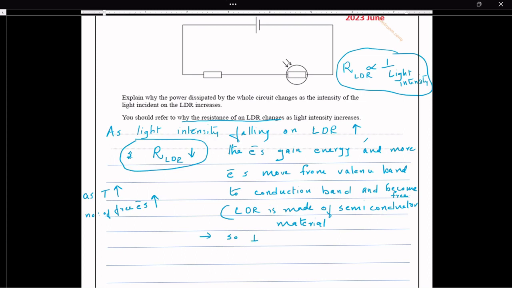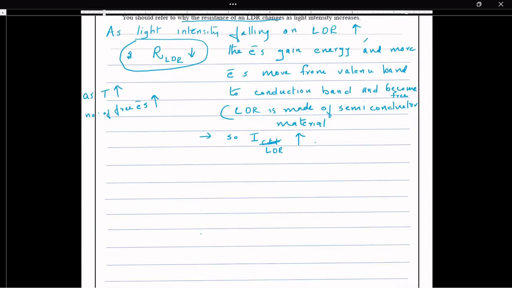So the current through the LDR increases, or the current of the circuit increases, because more electrons are available now. As the current of the circuit increases, we can say that the resistance of the LDR is decreasing.